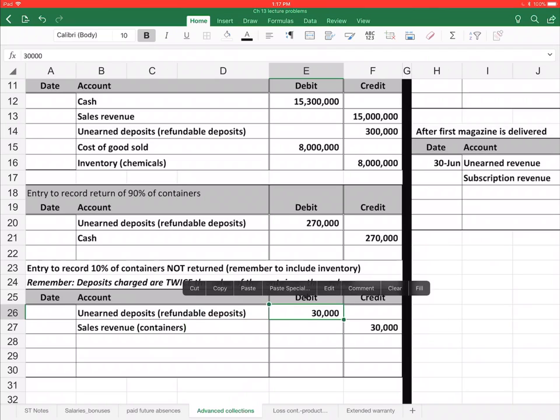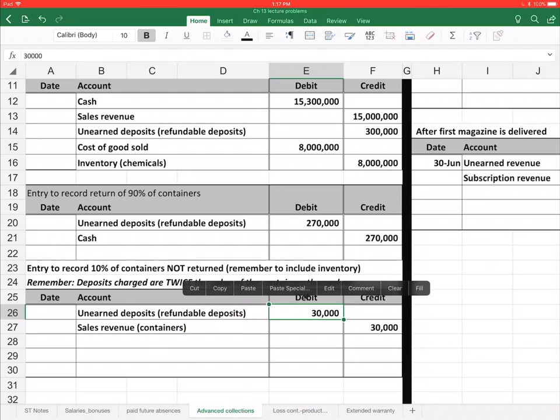When we account for the sale of a product, we also have to account for the cost of sale of that product. So cost of goods sold and a credit to inventory. And if the deposits that we charged were twice the value of those containers, then the cost of those containers is $15,000.